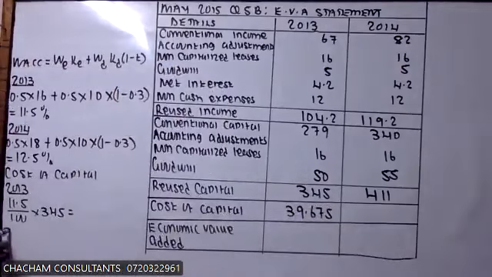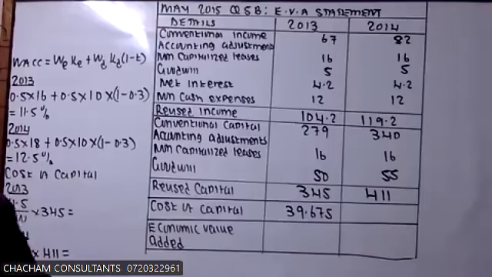In 2014, it is 12.5% times 411. Yeah, 51.375.